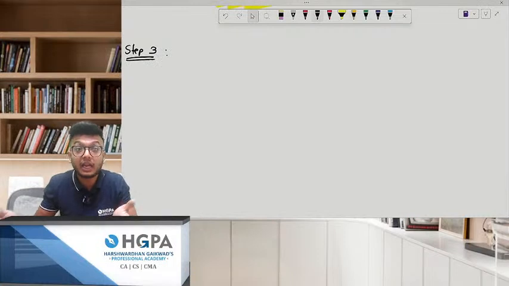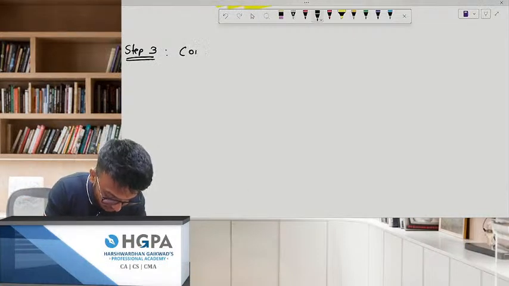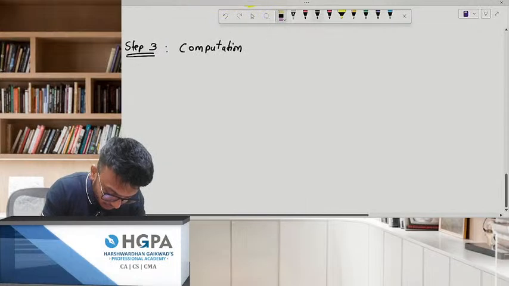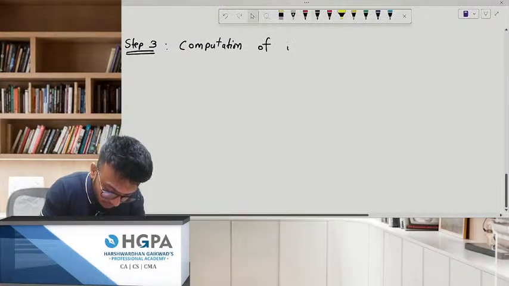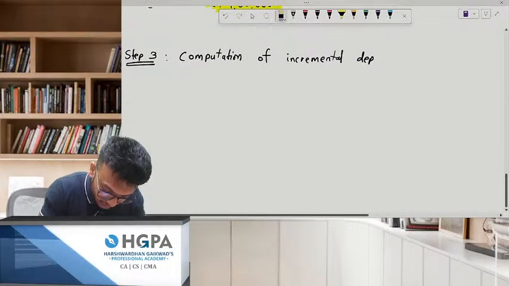Computation of incremental depreciation.